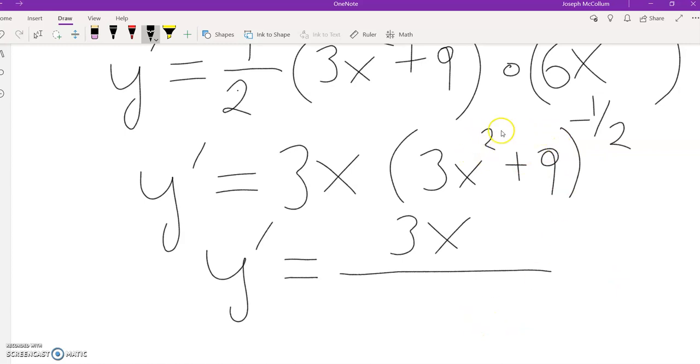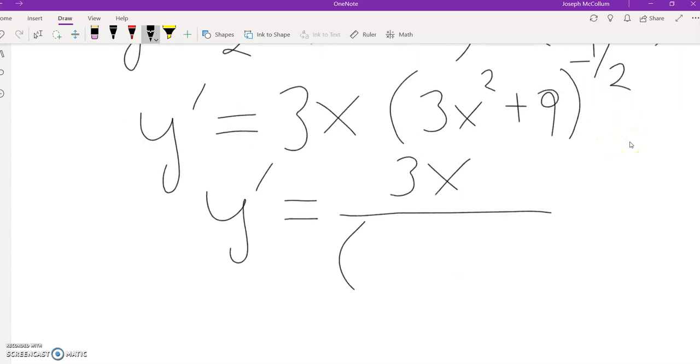But please, this exponent does not change. Only the exponent that's outside the parentheses will change. So I'm going to rewrite 3x squared plus 9 to the 1/2 power in my denominator. Yes, for those really good with exponent rules, that is the square root, once again, in the denominator, if you'd like to write that as such.